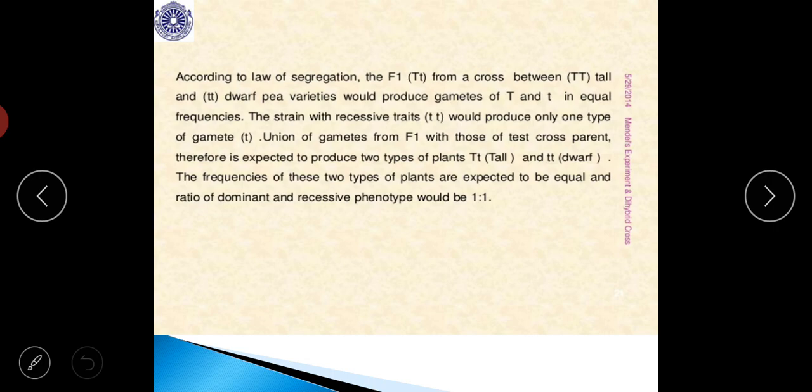The union of gametes from F1 with those of the test cross parent is therefore expected to produce two types of plants, that is capital T small t, heterozygous tall, and small t small t, homozygous dwarf. The frequencies of these two types of plants are expected to be equal, and the ratio of dominant and recessive phenotype would be 1:1.